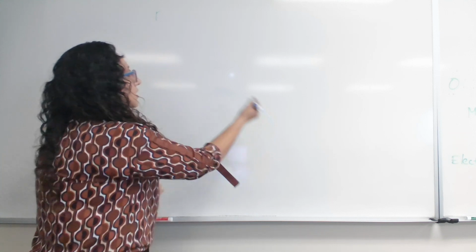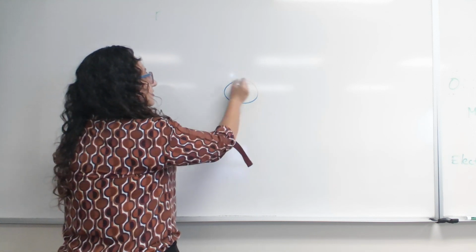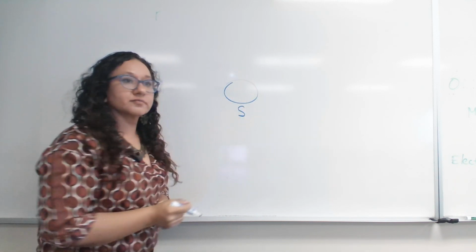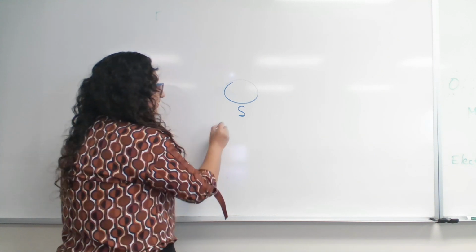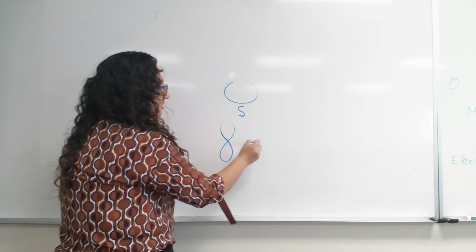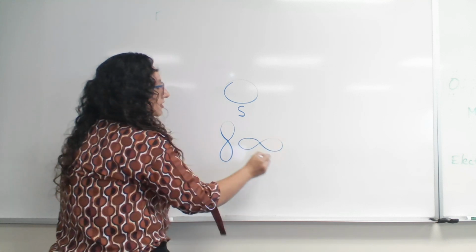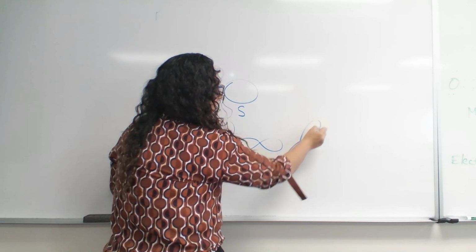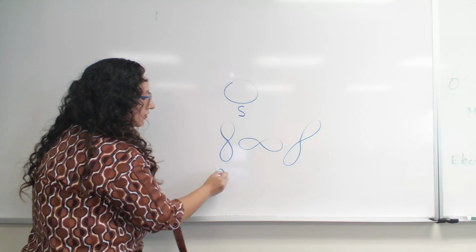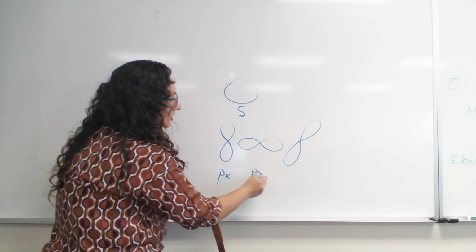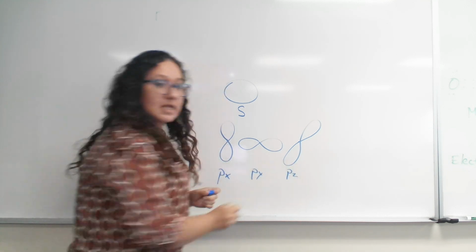Remember, you have S, and what does P look like? 3 figure eights, where they look just like this. You have a PX, a PY, and a PZ. And we usually draw them together, but then we could call this PX, PY, and PZ.